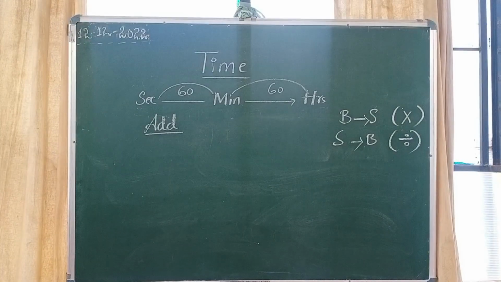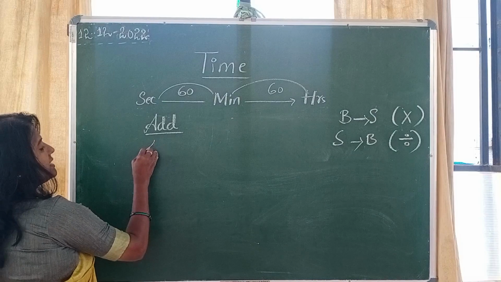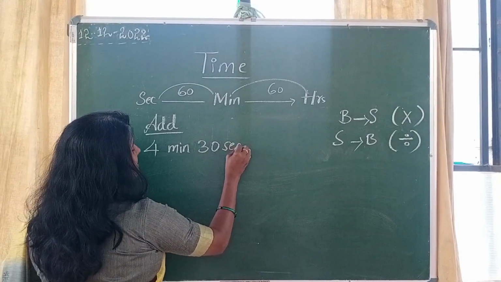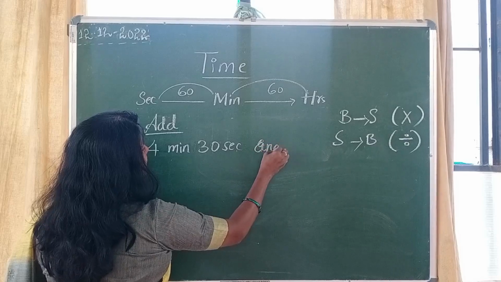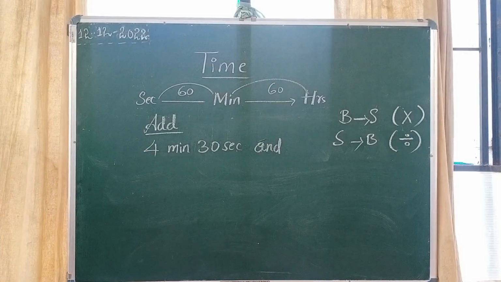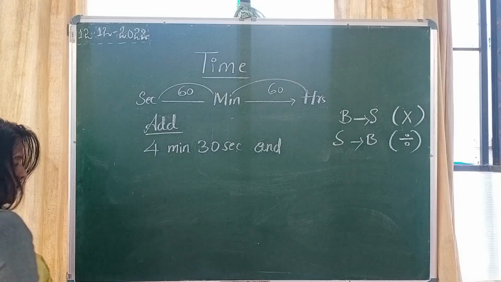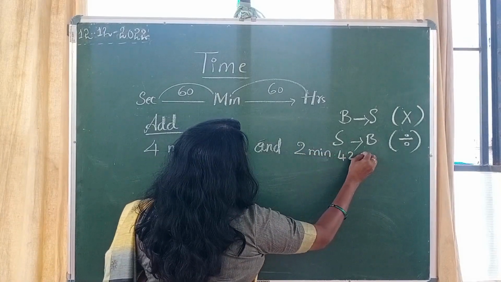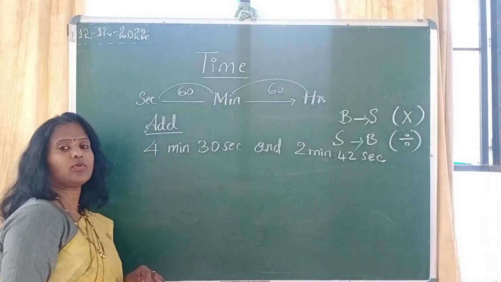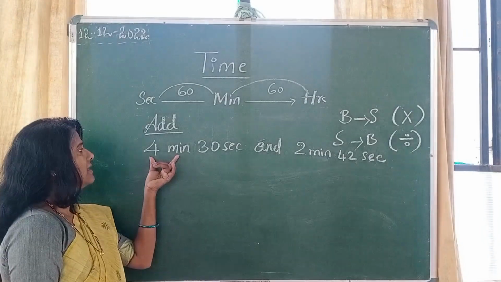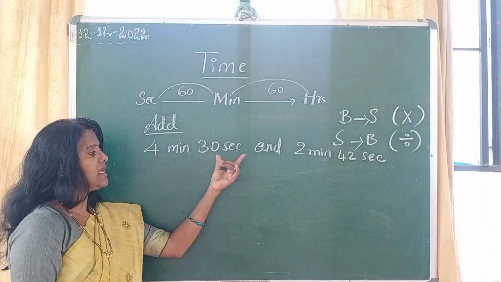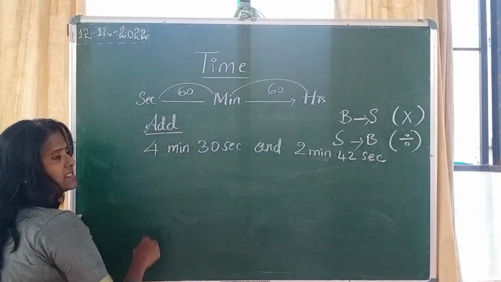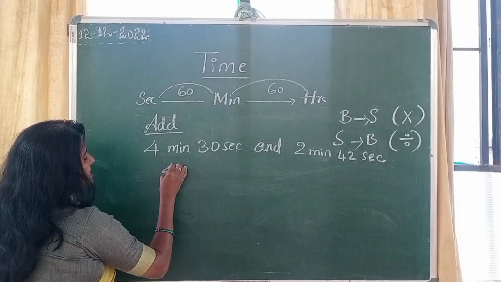Add 4 minutes 30 seconds and 2 minutes 42 seconds. This is the question. You have to add 4 minutes 30 seconds and 2 minutes 42 seconds. Since it is add, we have to take the plus sign here.